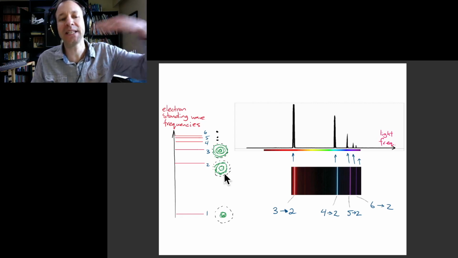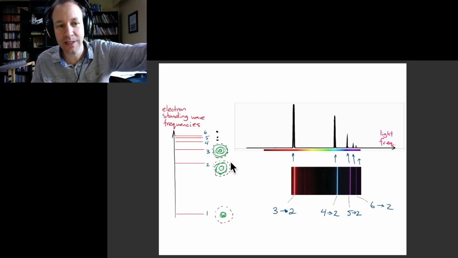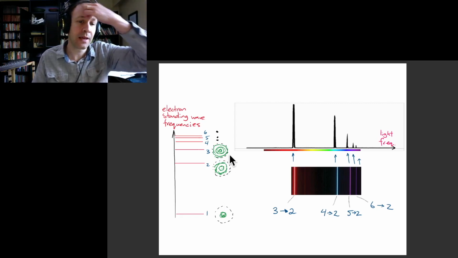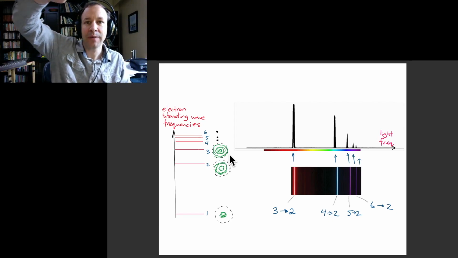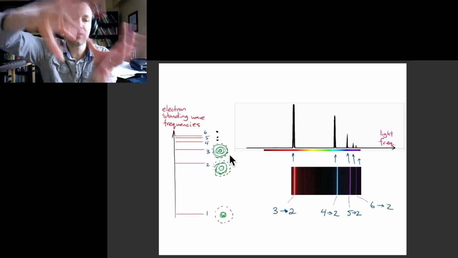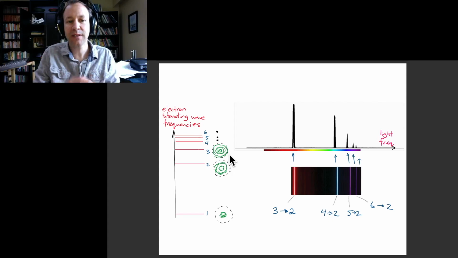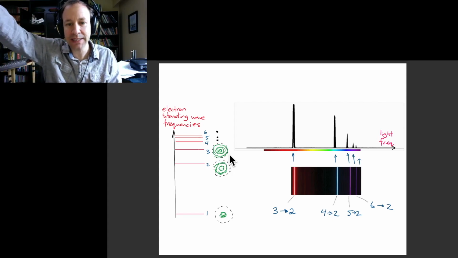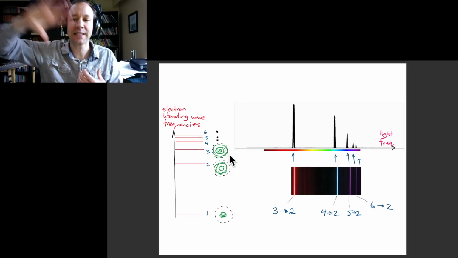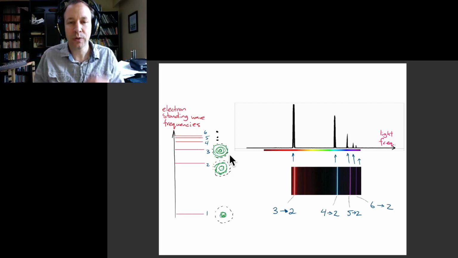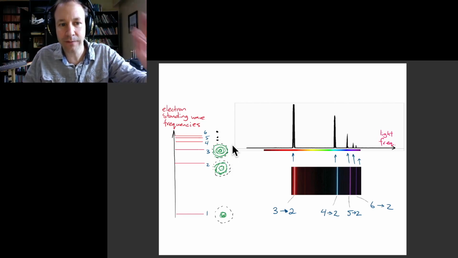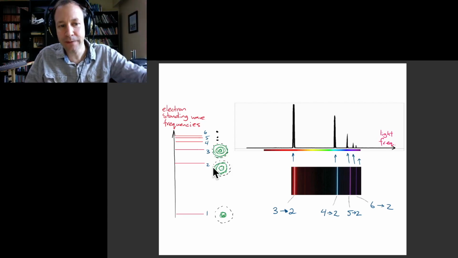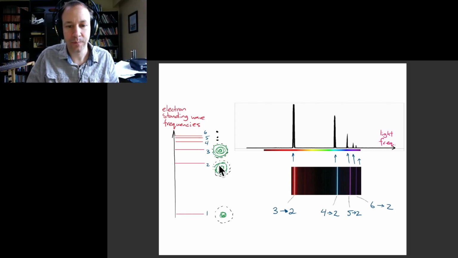The patterns each have a specific frequency associated with them. And when the electron makes a transition from one pattern of vibration to another, at that point energy is released, and that takes the form of light with a specific wavelength or frequency related to the difference in frequencies between the electron standing wave patterns.